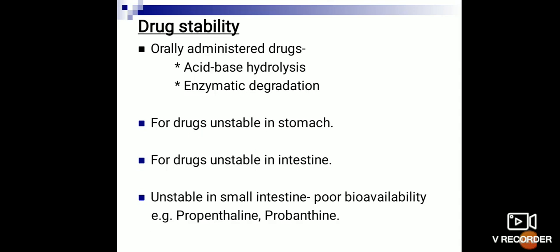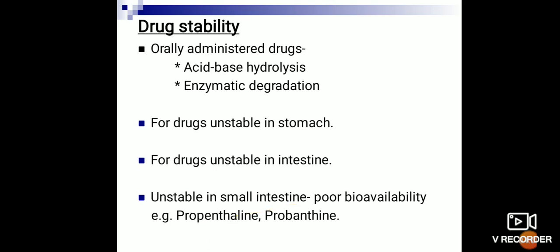For a drug unstable in stomach, you prepare the drug which remains stable in intestine, so you prepare a colon targeted drug delivery system. For a drug unstable in intestine, you prepare a dosage form which remains stable in stomach in acidic media. So depending on that stability, you apply the approach.